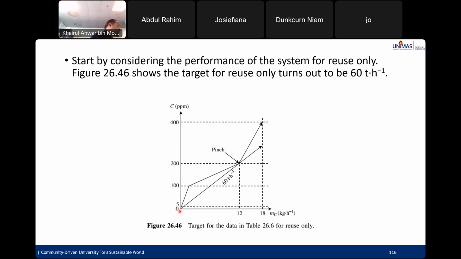So we do the limiting composite curve, with the water supply line from 0. So we continue.